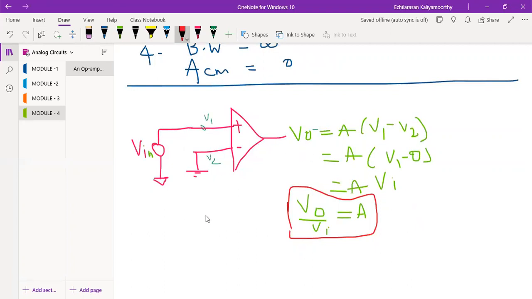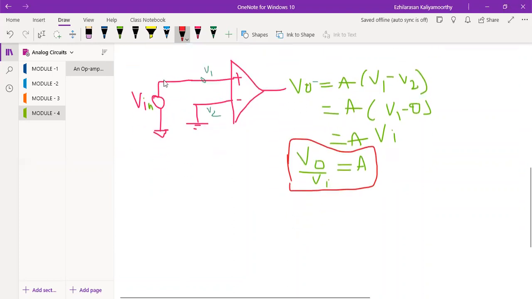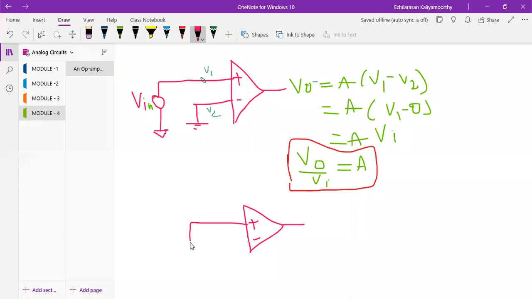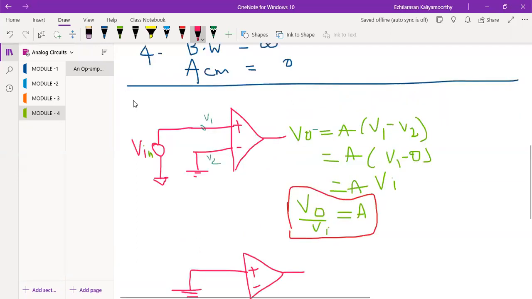Now, in the same way, let me consider another one. As I said, plus, minus, this will be your V naught, right? Here I'm not showing how we get the output.